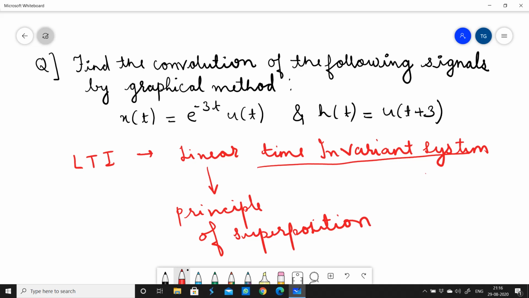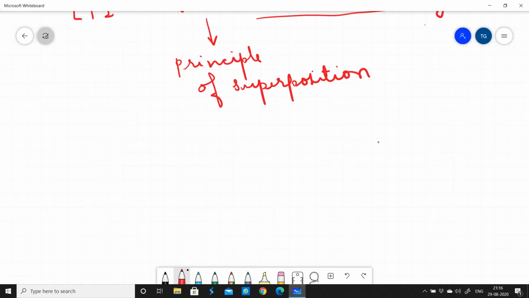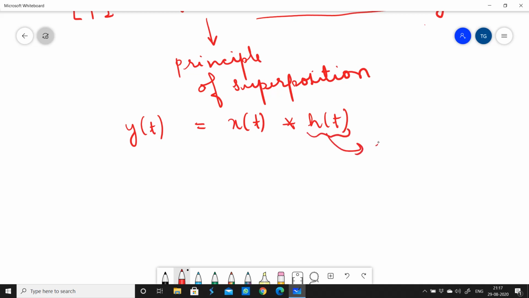Okay. So now my convolution is nothing but it establishes relationship between this is an output, this is input, and this is my system response, that is h of t, and in particular h of t is denoted for impulse response of the system.